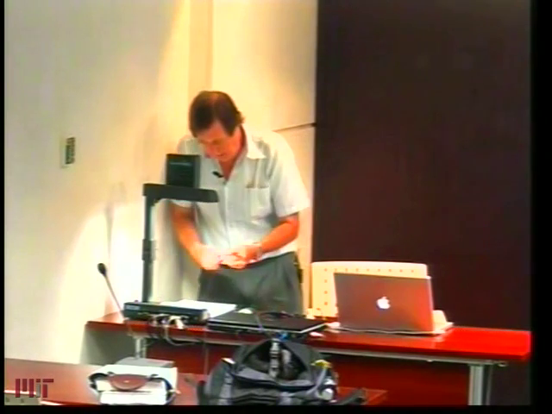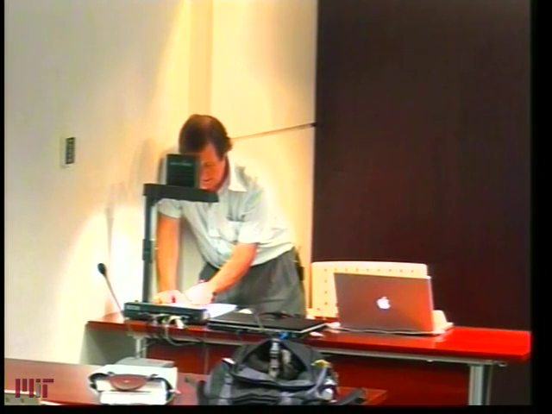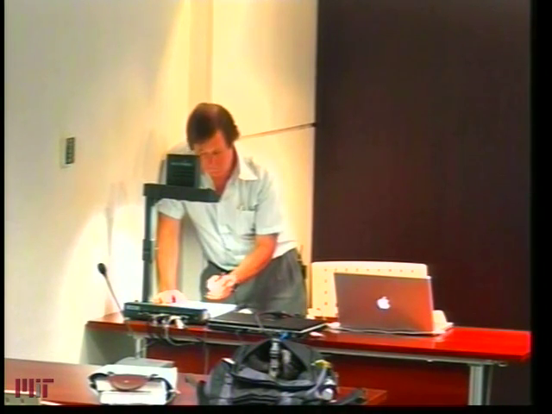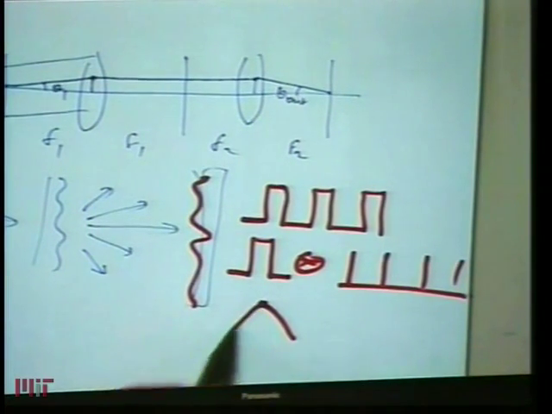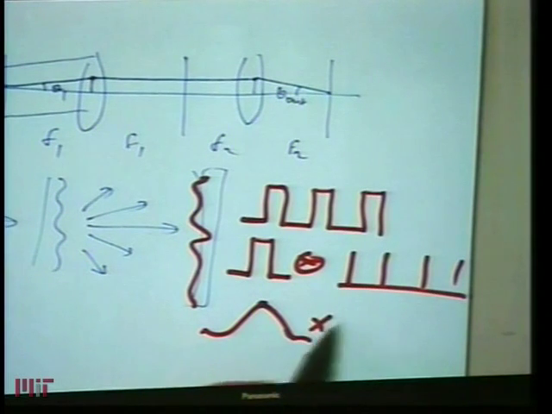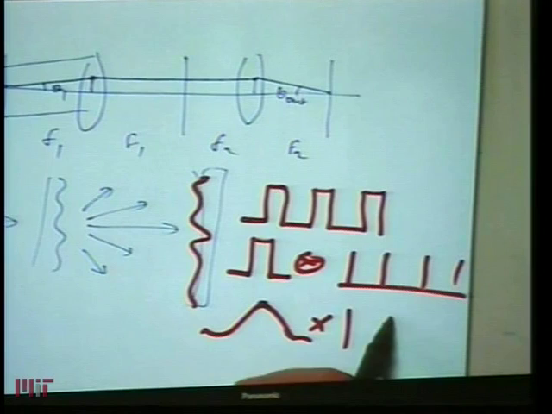For example, these square wave gratings, you can think of this as being this convolved with this. So the Fourier transform of this is going to be the Fourier transform of this, which is a sinc, times the Fourier transform of this, which is another one of these.